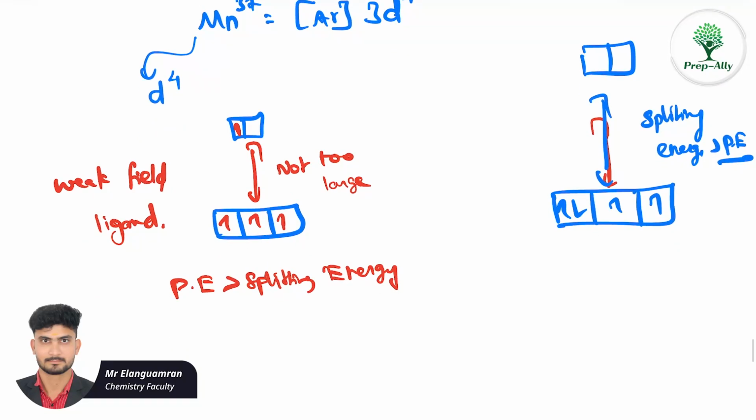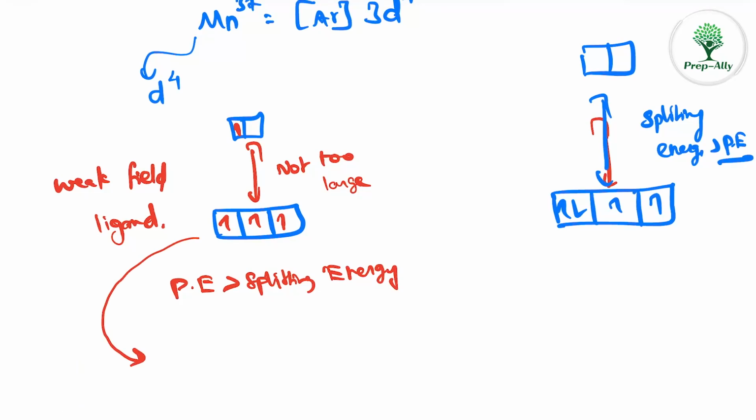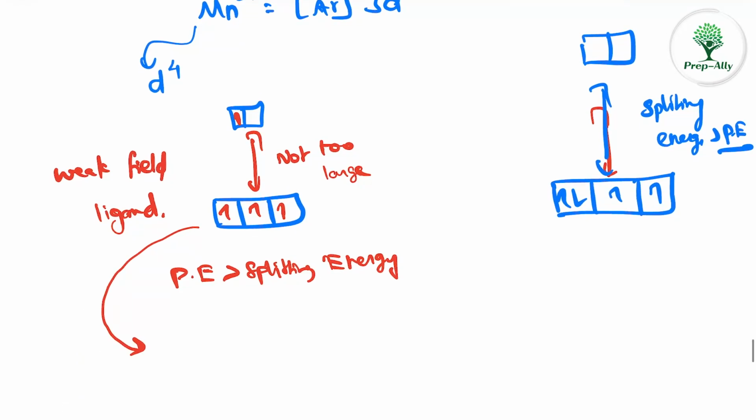Now I can check the unpaired electrons. In the manganese bromine complex I'll have 4 unpaired electrons, and in the manganese nitrile complex I will have 2 unpaired electrons.